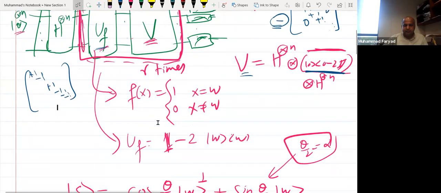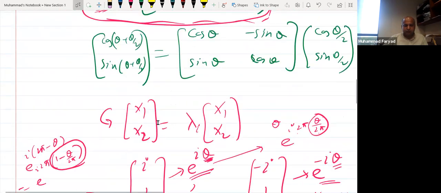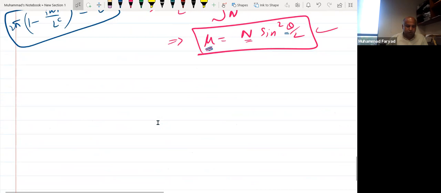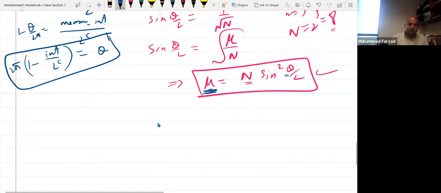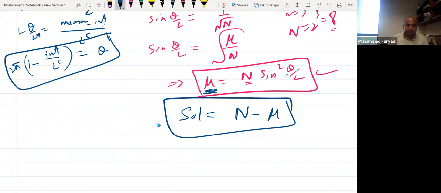So at the end, when we find this mu, it is not going to be the number of solutions, but the number of N minus solutions. So solutions are actually going to be total minus mu, because of the negative sign over there.